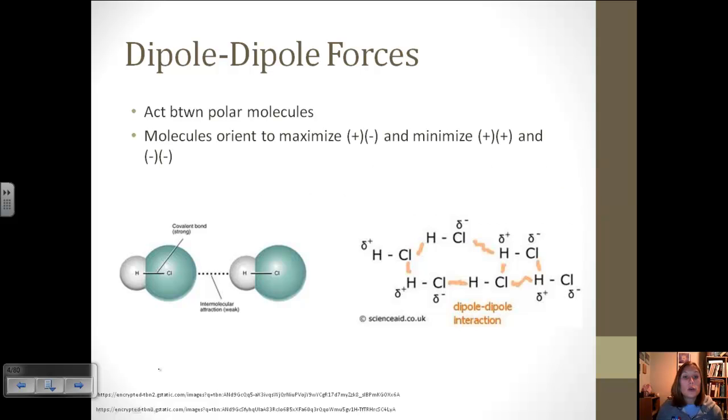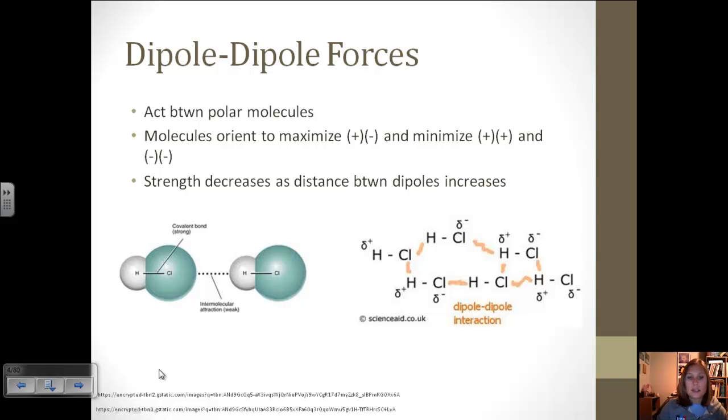So the molecules will orient themselves with each other to maximize the positive-negative attraction and minimize the positive to positive or negative to negative repulsion. The strength of these forces will decrease as the distance between the dipoles increases.